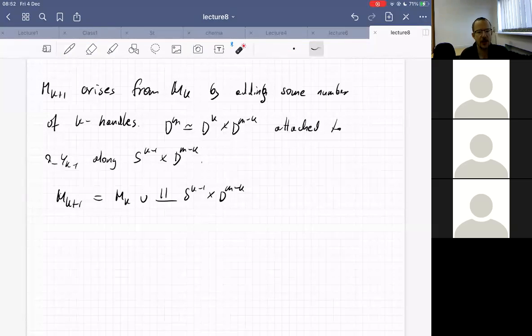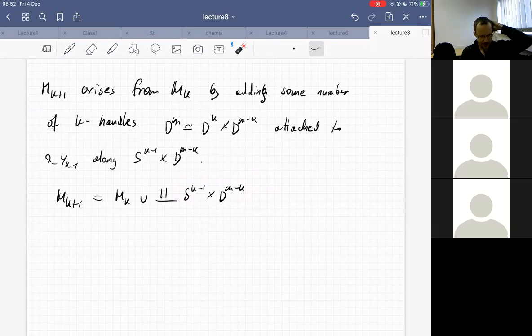And let me keep track of one thing. We keep track of this sk minus 1 times dm minus k as each critical point of index k corresponds to precisely one copy of that object. Because that's what happens. We have different handles that are attached.